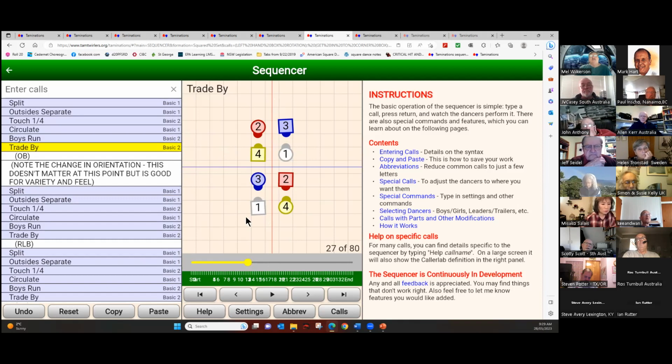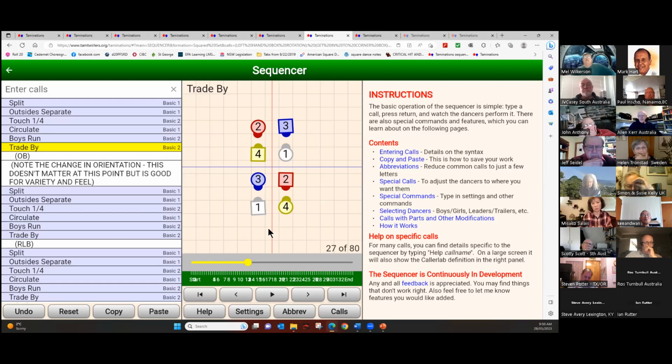I always like to point out to my newer trainees that everybody worries about the opposite setups. And the clue here is if you just look at that, if your key couples are on opposite sides of the square and facing the same direction, they're diagonal across the square. And that gives you the clue that we're in an opposite setup.